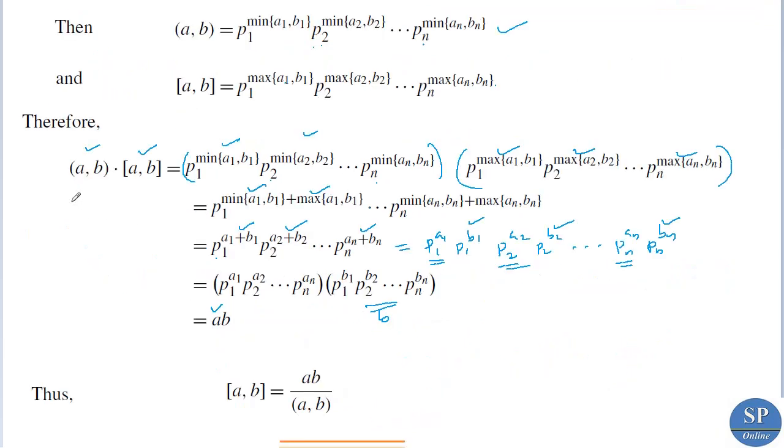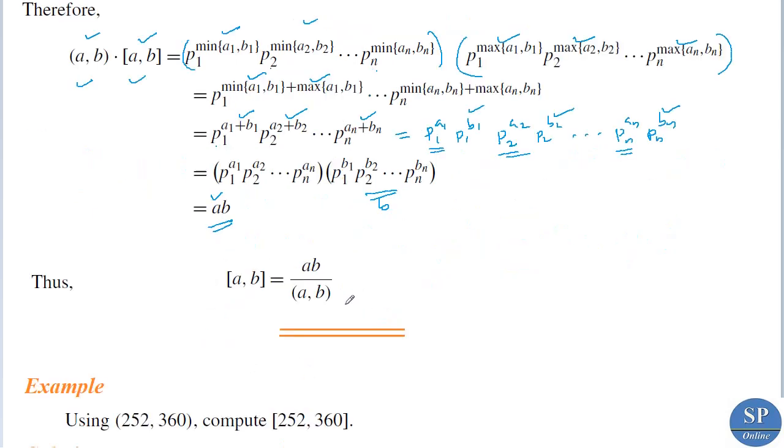So the product of the GCD and the LCM is equal to the product of those numbers. So we have the LCM of A, B is equal to AB divided by GCD of A and B. This formula gives us a new method to find the LCM of two numbers if we know the GCD.